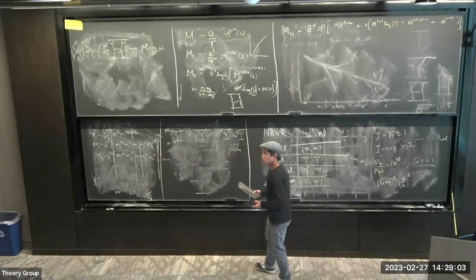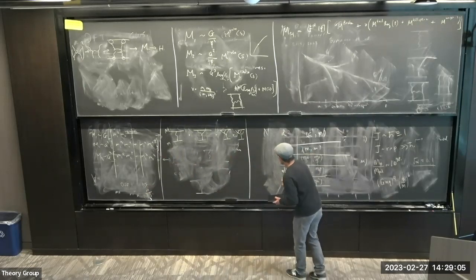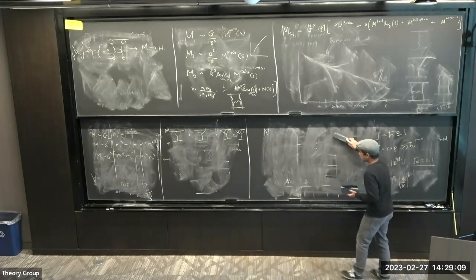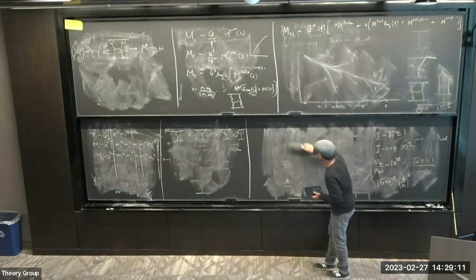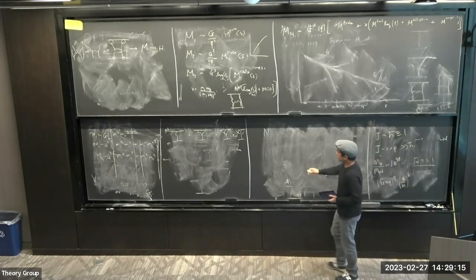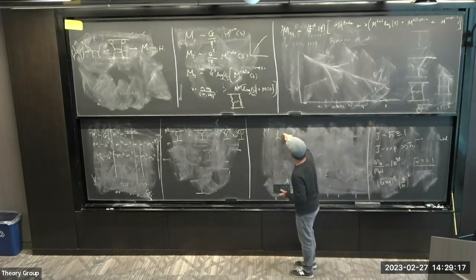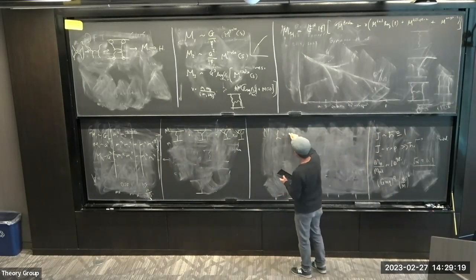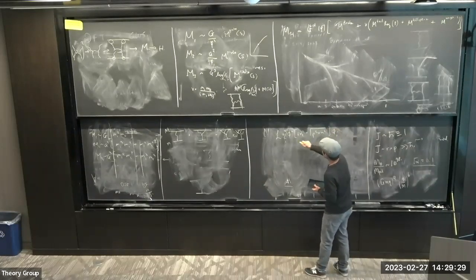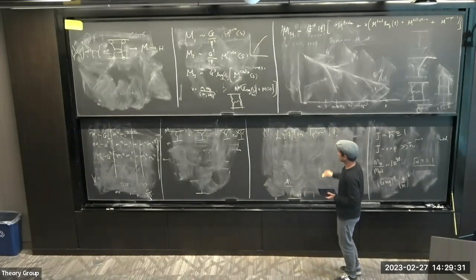Okay, so maybe just in the last 5 minutes, let me finish up and tell you what we do with the amplitudes in the end, how we compute a Hamiltonian. To compute a Hamiltonian, we basically have a Lagrangian, which is just the kinetic term, sum over i of phi_i dagger (i d/dt minus the square root of p squared plus m_i squared) phi_i, so we have two scalar fields, phi1 and phi2.